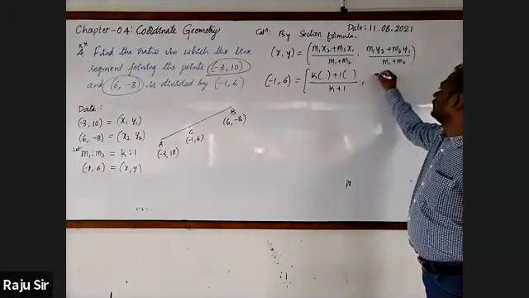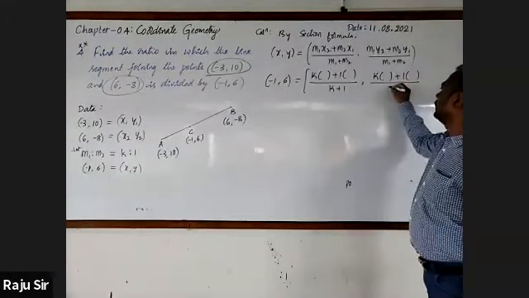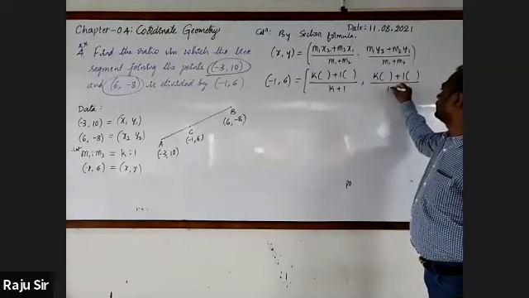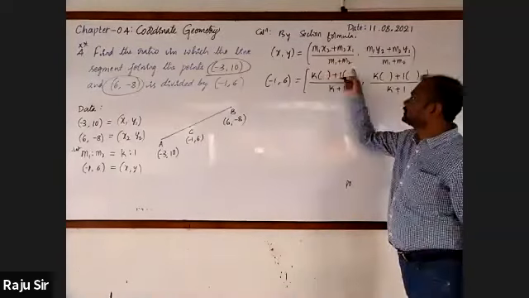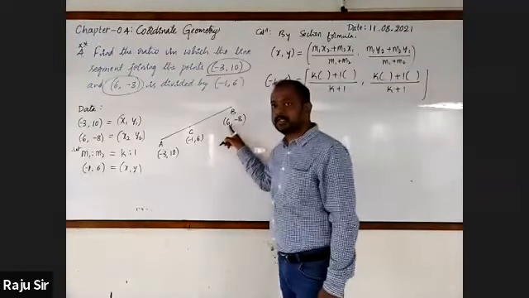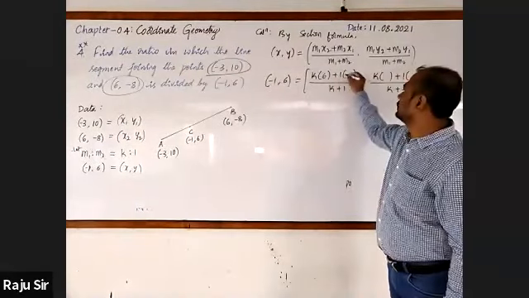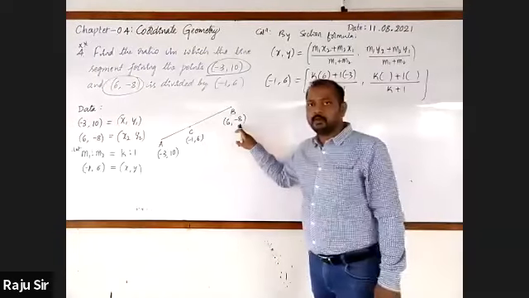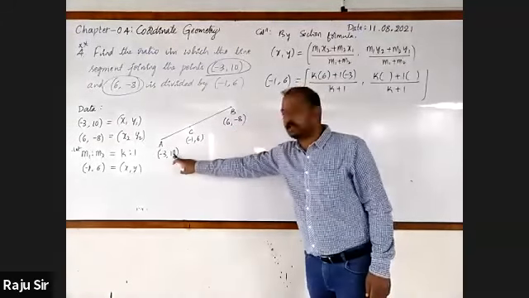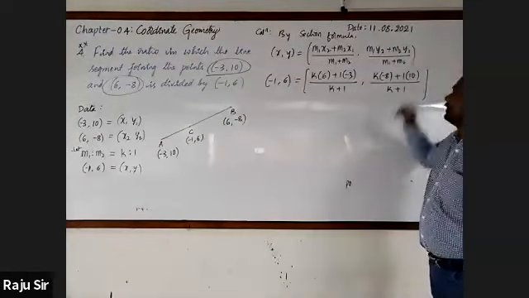Next, k into y2 plus 1 into y1 whole divided by k plus 1. Substitute x2, x1. Here, x2 is 6, x1 is minus 3. y2 is minus 8, y1 is 10.